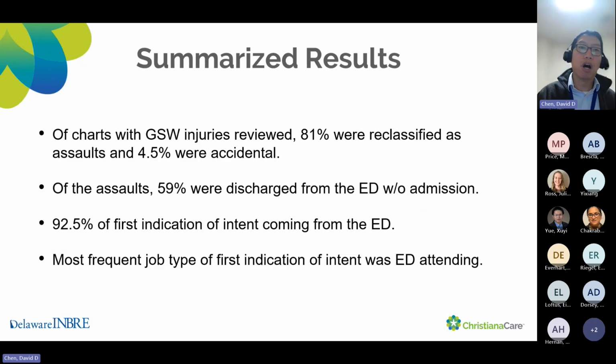And so of these that we reviewed, 81% were reclassified as assault injury, and 59% of those were discharged from the emergency department. And of all of these charts for these GSWs coming in, over 90% had that first indication of intent from when they hit the emergency department, and again it was carried forward.